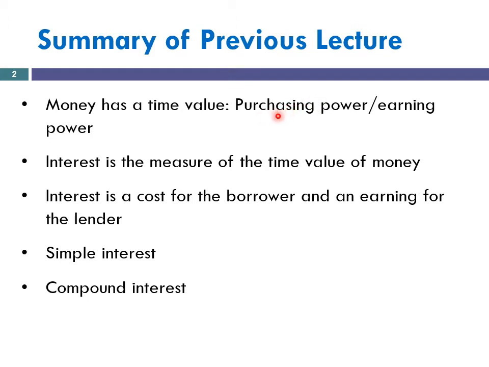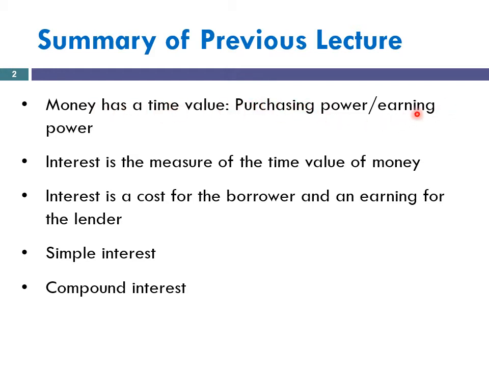As time passes, 1 year from now, 2 years from now, with the same amount of money you can buy a different amount of these goods, and usually the amount decreases due to inflation. Because of this, we say that the purchasing power of money drops as time elapses, and so money has a time value.